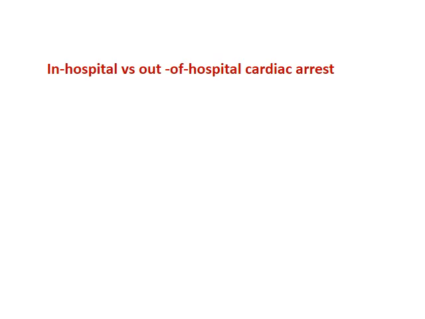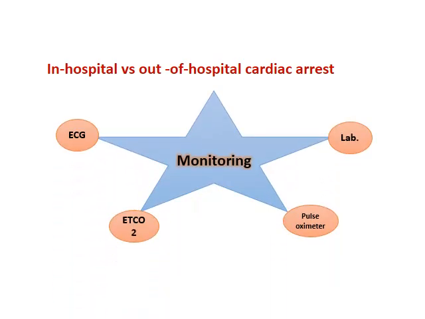My question to you now is: does in-hospital arrest have a better prognosis than out-of-hospital arrest, or the reverse? In which will the prognosis be better? Yes, the in-hospital arrest.